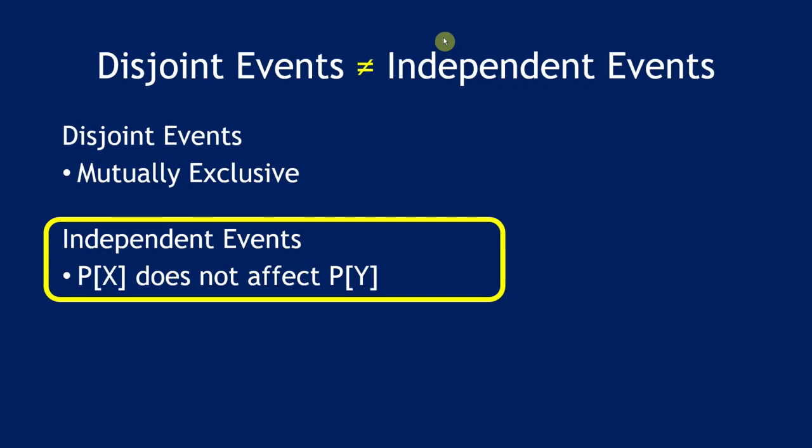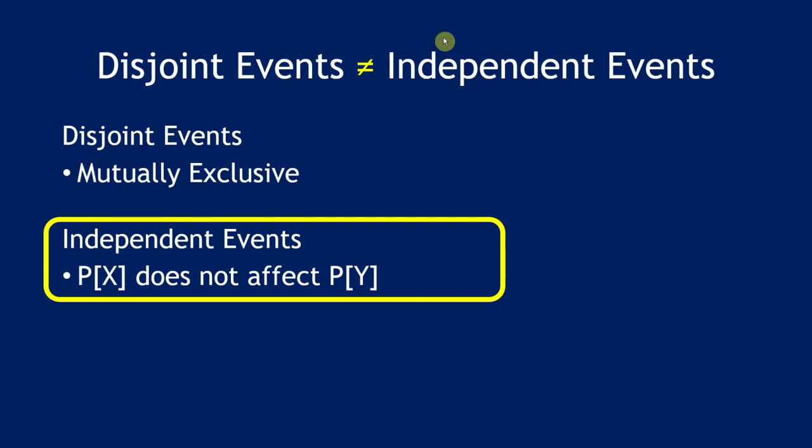Independent events does not mean that X prevents Y from happening or Y prevents X from happening, and that is the idea of mutual exclusivity. The idea here is that X and Y can happen at the same time, and however, the probability of X does not affect the probability of Y. And we'll elaborate on what that means.